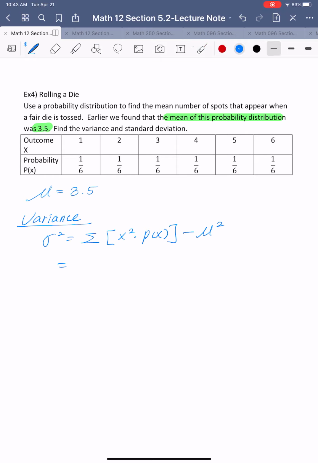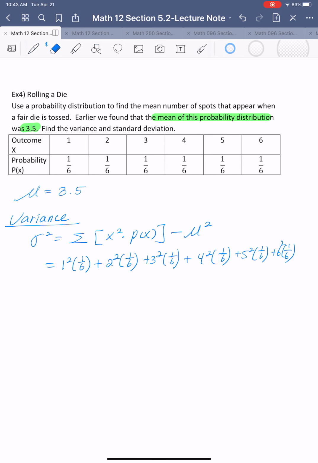So I do 1 squared times 1 over 6, 2 squared times 1 over 6, 3 squared times 1 over 6, 4 squared times 1 over 6, 5 squared times 1 over 6, and 6 squared times 1 over 6. And then you subtract your mu, 3.5 squared. When you simplify that, I get 91 over 6 minus 3.5 squared, which is 12.25, and then using a calculator, 2.917.